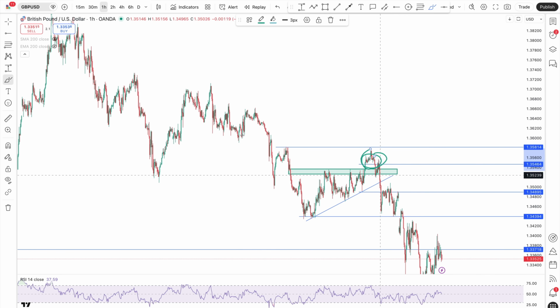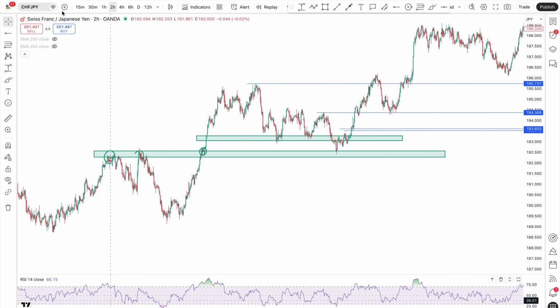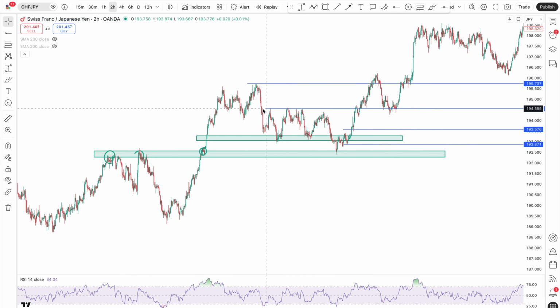Now let's take a look at CHF JPY, right? If, for example, you enter here after the breakout, stop loss will be placed underneath this low, like I explained earlier. First take profit target can be around this area of resistance. So this is the major area of resistance, right? If you take a measured price movement, the second take profit target will be around here. So entering here will mean your stop loss will be placed around its lows, which gives you a stop loss of approximately 70 pips.